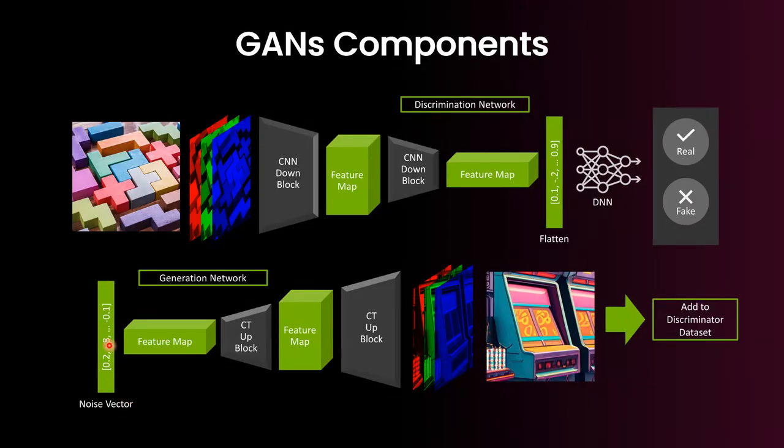It takes this one-dimensional vector and turns it into feature maps, then upsamples it until we reach a full image, and then passes it to the discriminator to check whether it can tell it's a fake image, as it's a generator output.